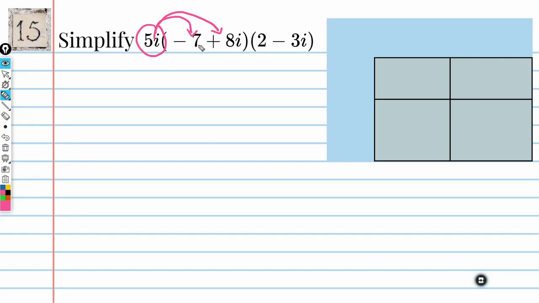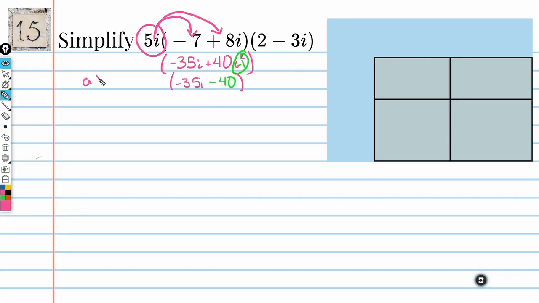So 5i times negative 7 is negative 35i. 5i times a positive 8i is a positive 40i squared. I squared is negative 1. So positive 40 times negative 1 gives us a negative 40. Bring down the negative 35i.